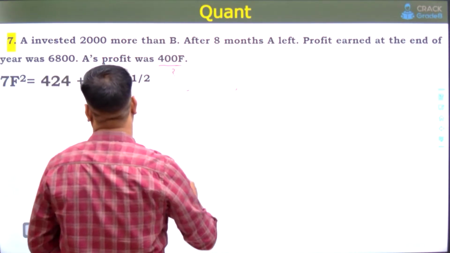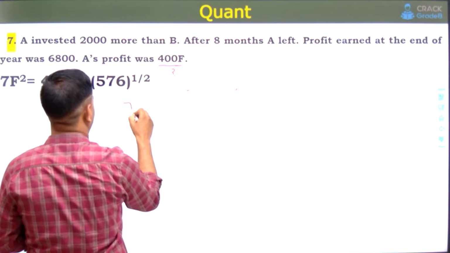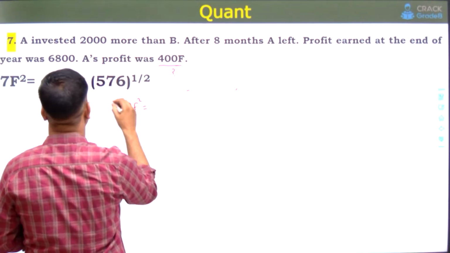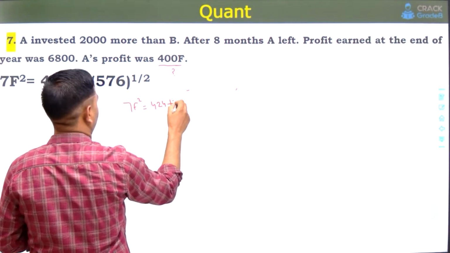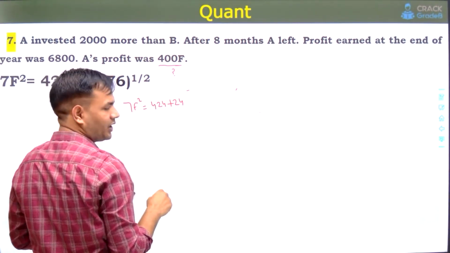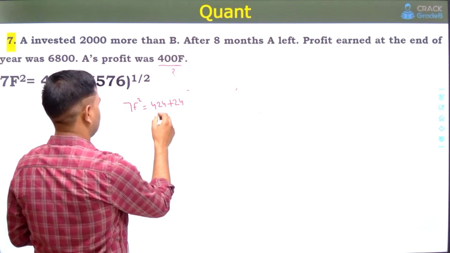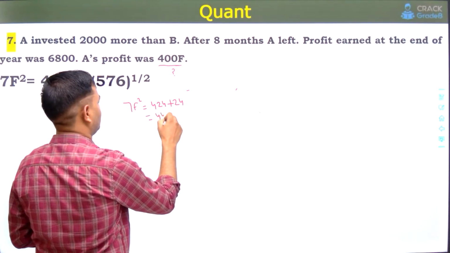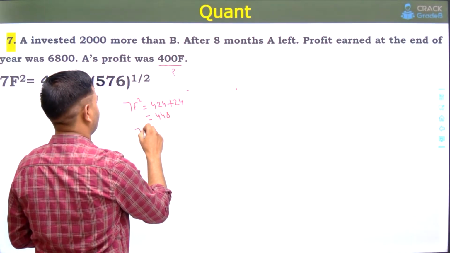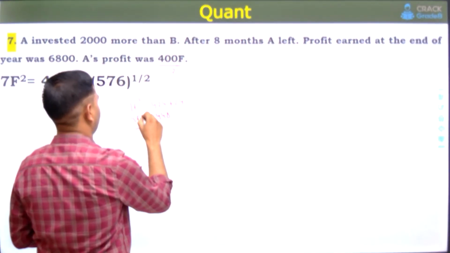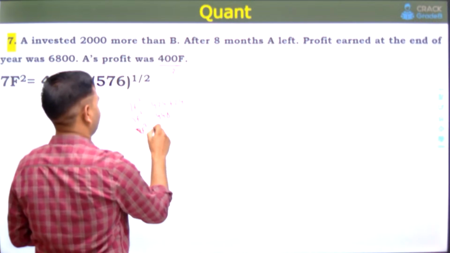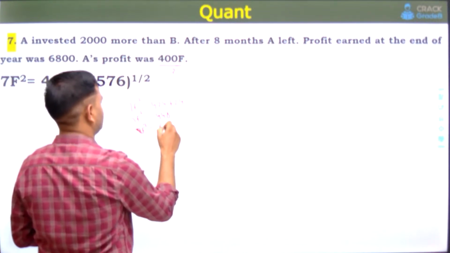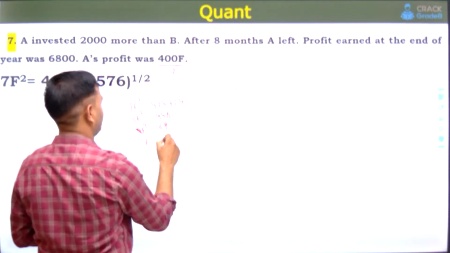So let's start. First we will calculate the value of 7F square equal to 424 plus 24, 576, square root of 576, 448. So 7F square equal to 448, F square will be, F will be 8.